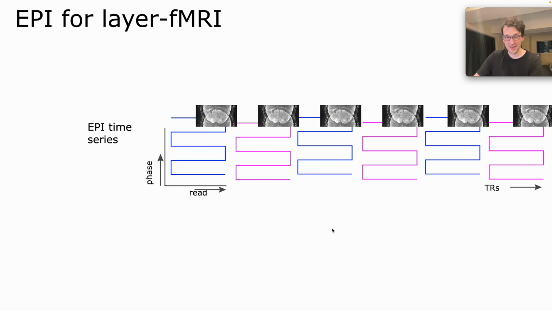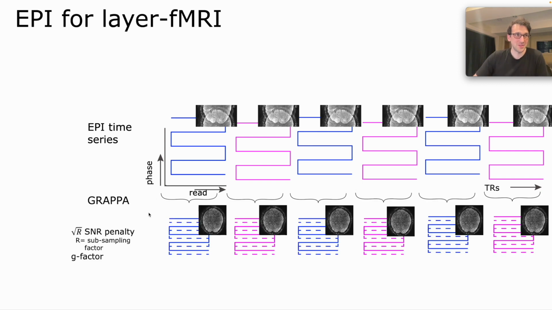One very effective and popular way of doing this unaliasing is to use GRAPPA. In GRAPPA, you look at the individual RF coil images, and each is usually only sensitive to a small part of the brain, and anything that's small in image space is smooth in k-space, and vice versa.